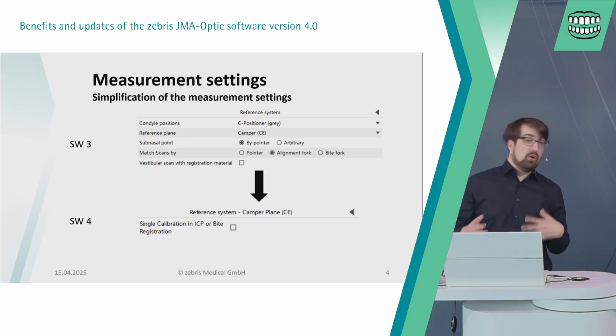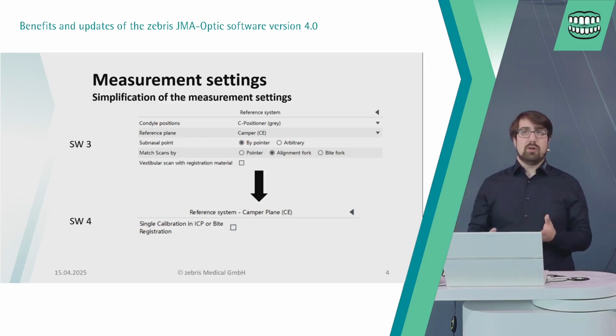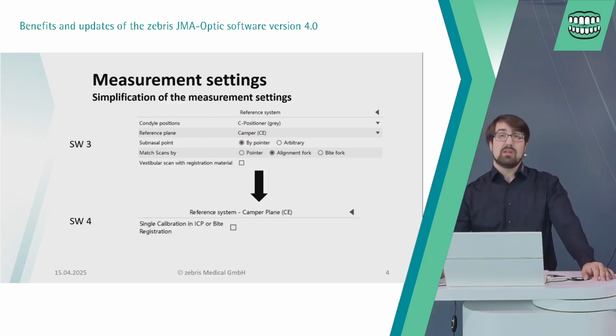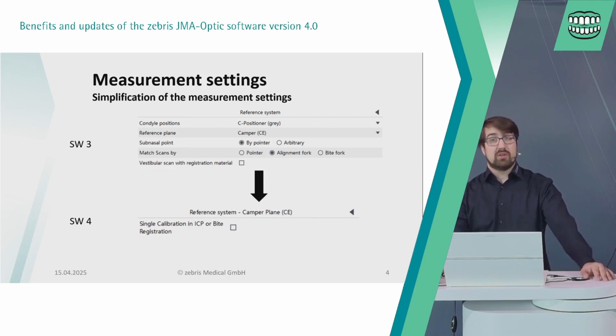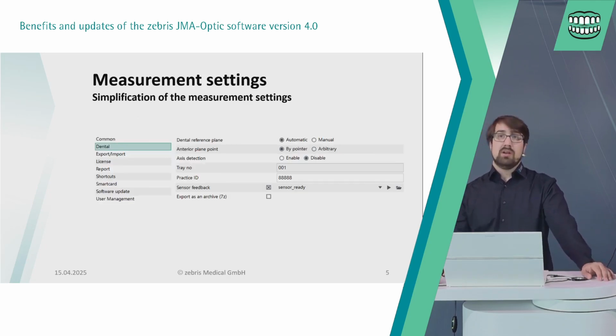For people who are already working with the system, or who have specific use cases, these measurement settings are of course not deleted. They are hidden, and if you want to show them again, simply go into the program settings under dental, and for example, with the dental reference plane, you can again choose between the Frankfurt plane and the Camper plane.